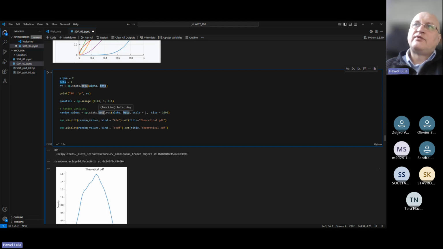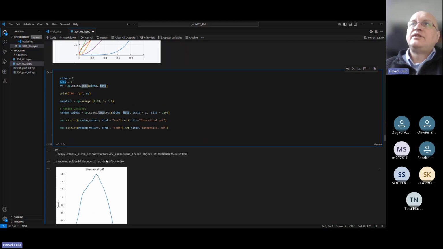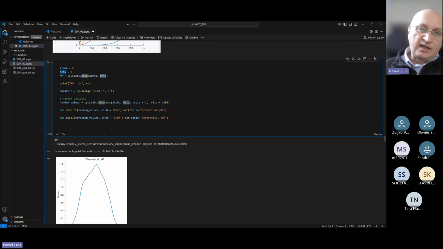These values are from the beta distribution. Of course, I can display it, but it is not interesting. It is similar to values which I had above. But the best way of describing this data is the probability density function.